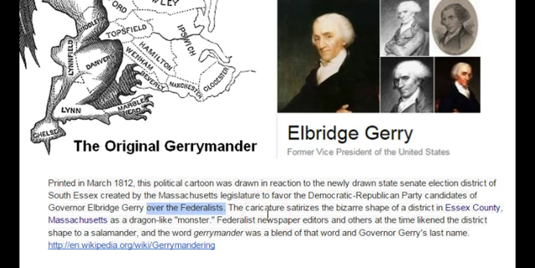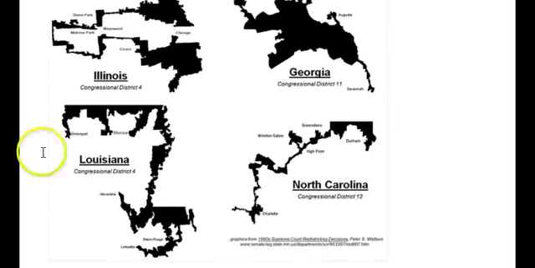And when you do that, when you draw a district to favor one party over another, that is called a gerrymander. North Carolina is one of the more famous gerrymanders, but you've got one, the 4th district in Illinois, and the 4th district in Louisiana also look pretty strange as well. So these are examples of famous recent gerrymandered congressional districts.